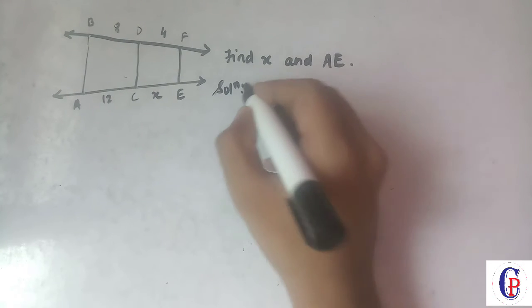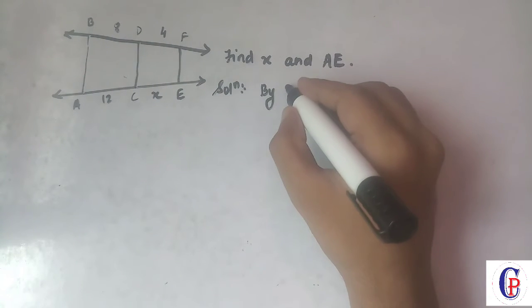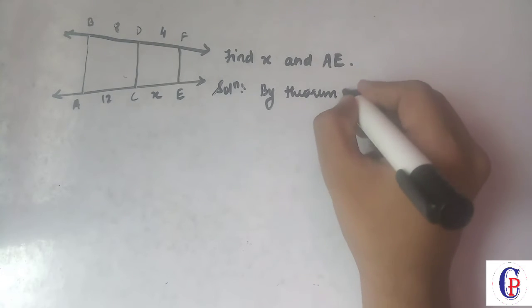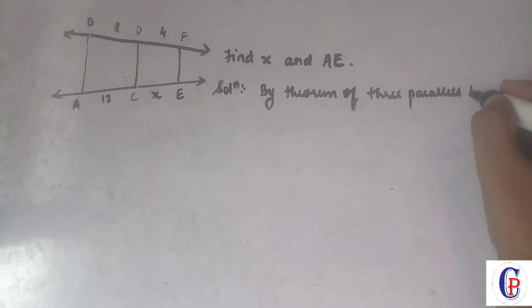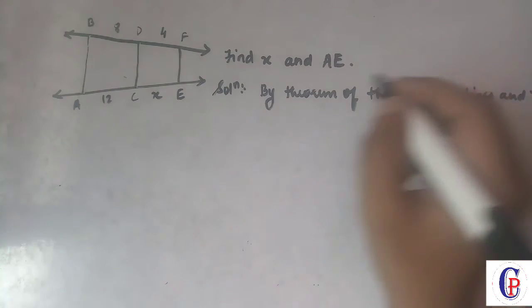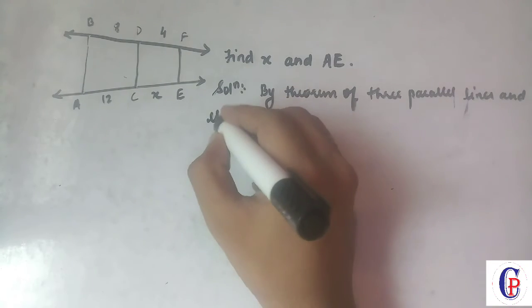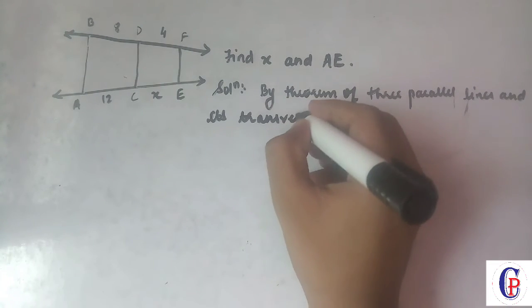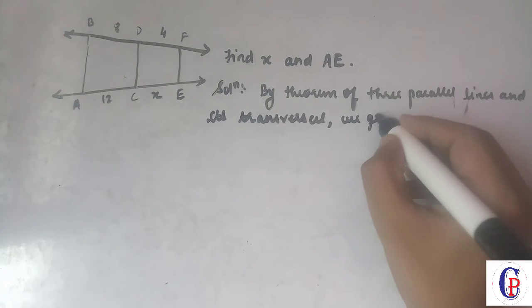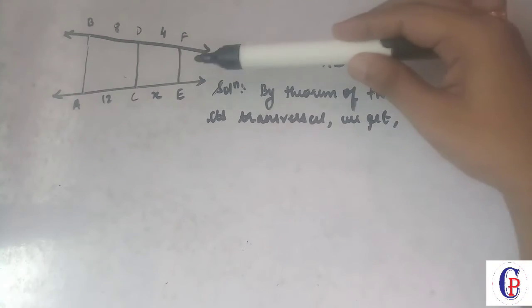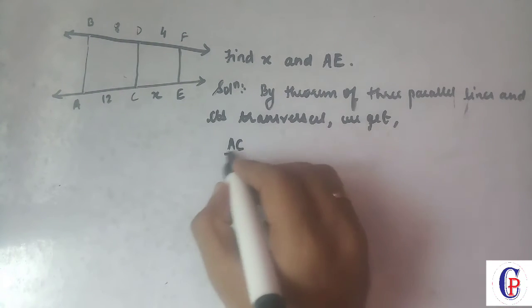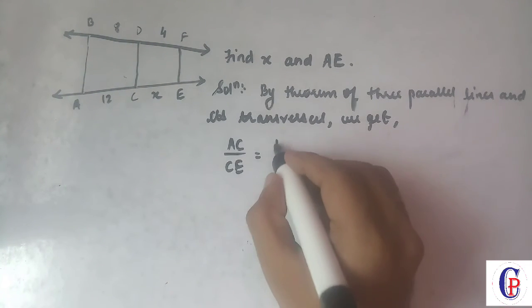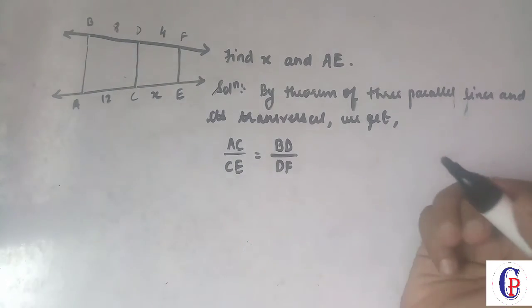So we can directly state that by the theorem of three parallel lines and its transversal, we get, what do we get? You can see from this side, you can say that AC upon CE is equal to BD upon DF.